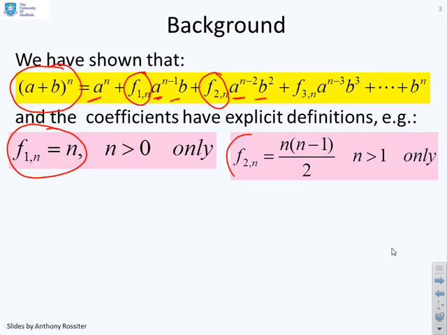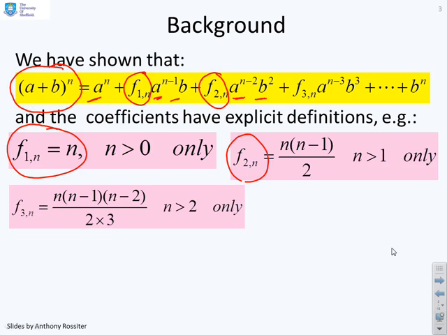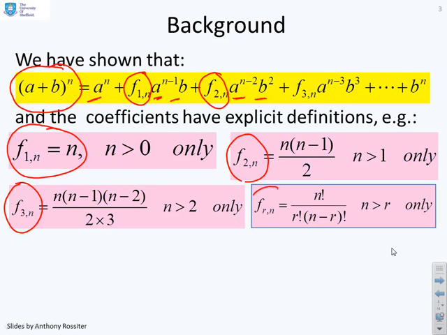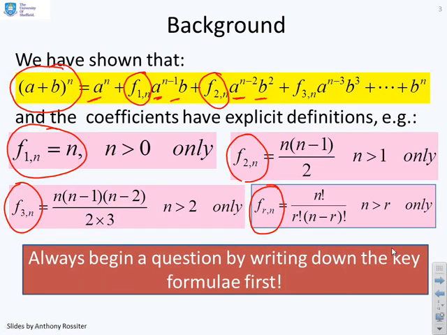The second coefficient, f2(n), is n times (n minus 1) over 2. The third coefficient, f3(n), is n(n minus 1)(n minus 2) over 6. And if you need it, the general expression for the rth coefficient is n factorial over r factorial times (n minus r) factorial. When you begin a question, always write down these formulae first.